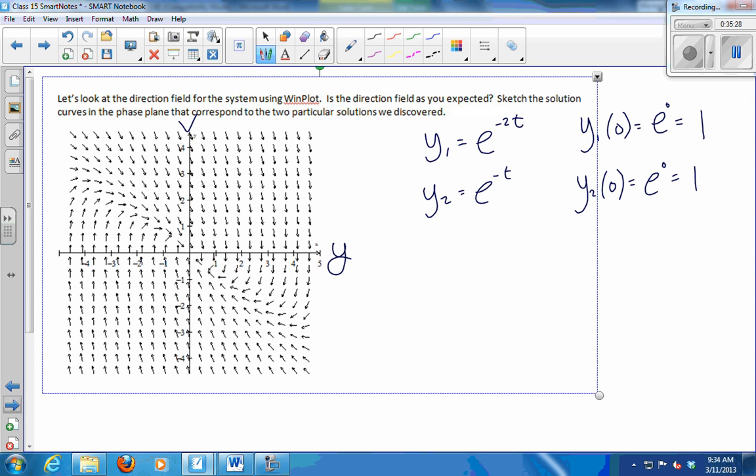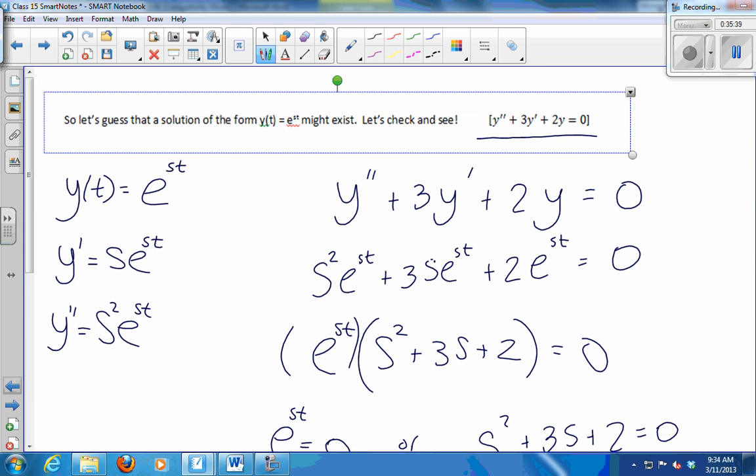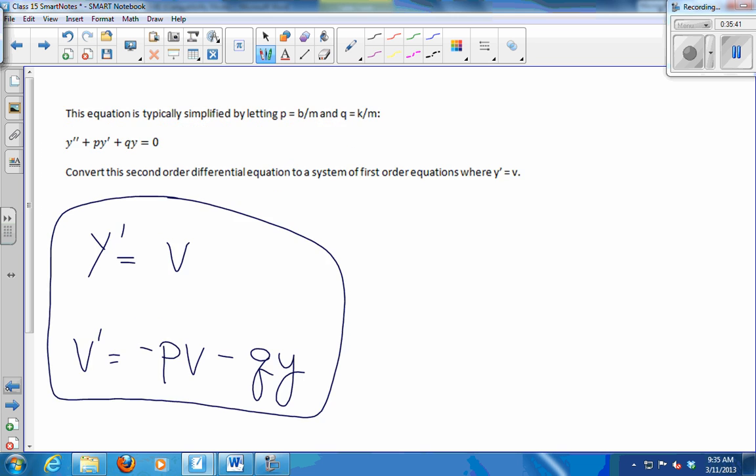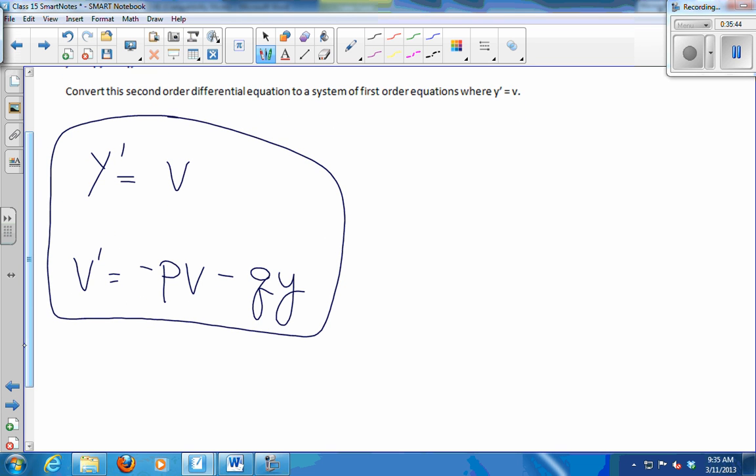So this is what can get confusing about creating a vector field using WinPlot, because WinPlot only takes x's and y's. So you have to change the variables here. WinPlot always wants you to write x prime equals and y prime equals, right? So x prime equals the other variable y, because here we have y prime equals something.